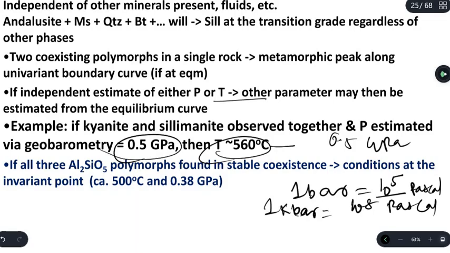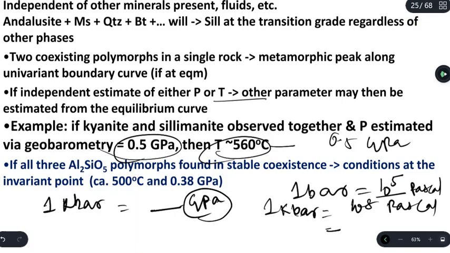Yes or no बताओ. 1 मैं बोलूंगा 1 किलो बार, gigapascal कितना होगा बताओ. हाँ, क्या बात कर रहा हूं? 1 kilobar equal to 100 gigapascal. कैसे? Giga 10⁶ है. 1 gigapascal equal to 10⁹ pascal, right?